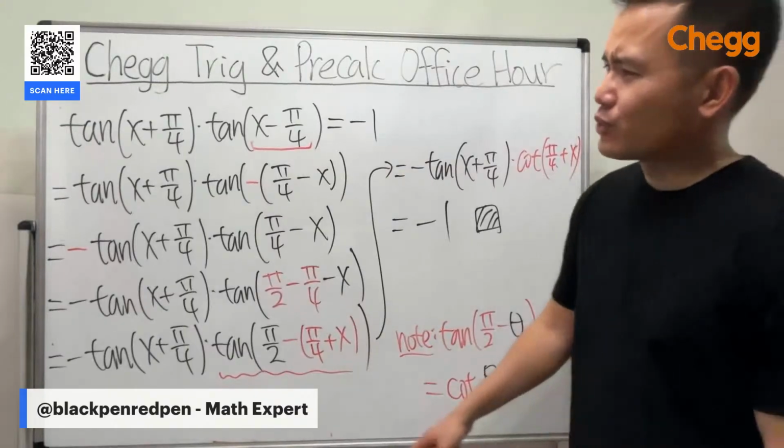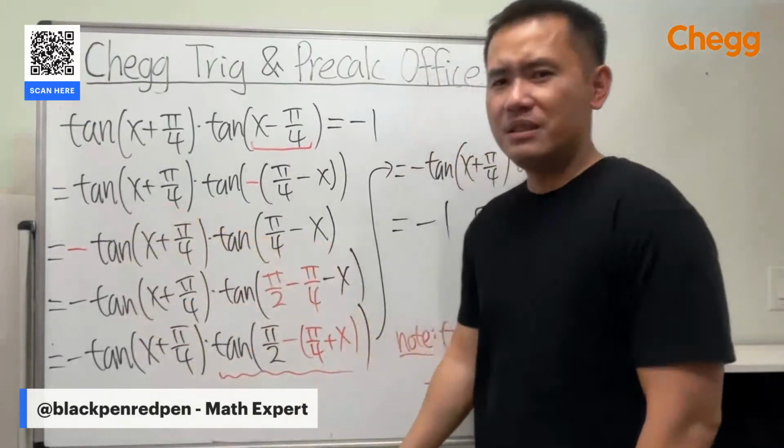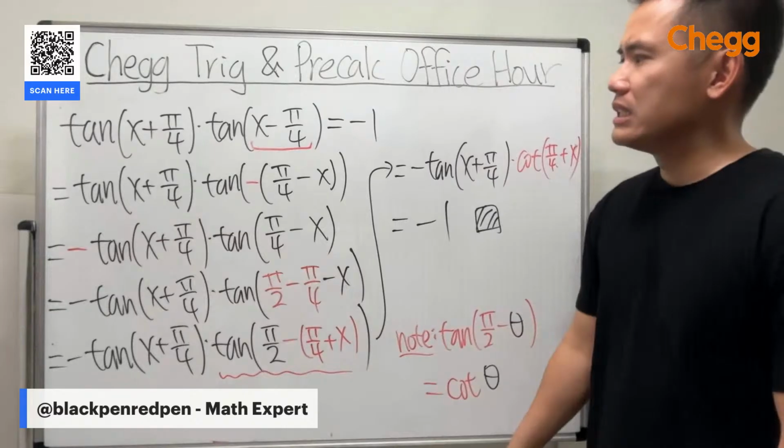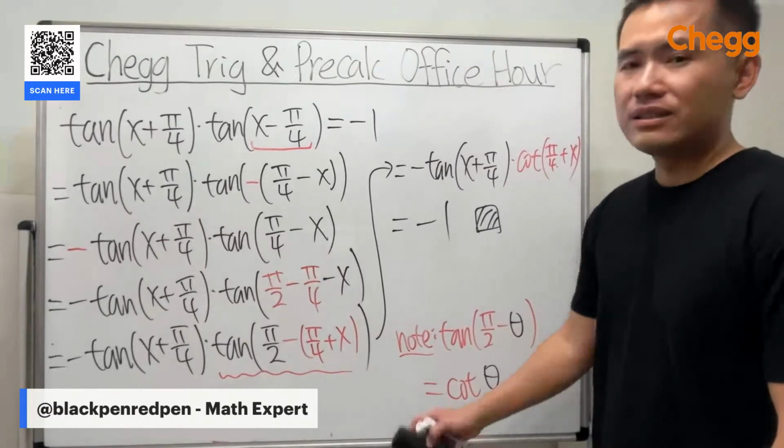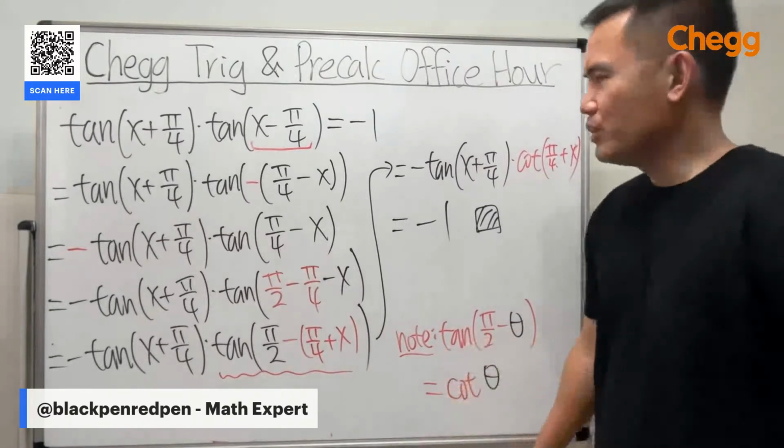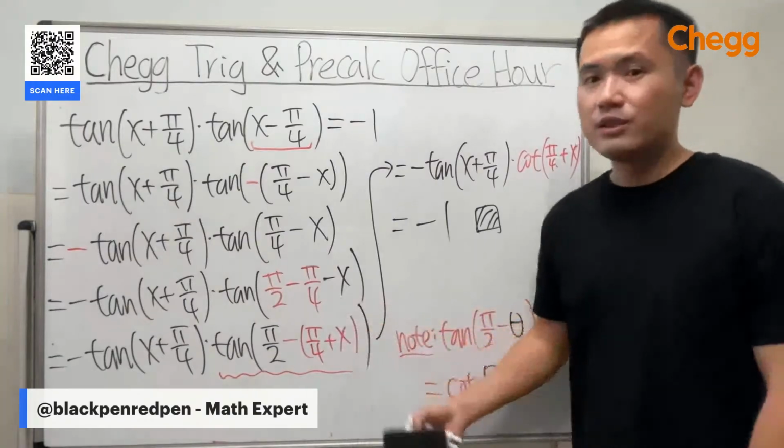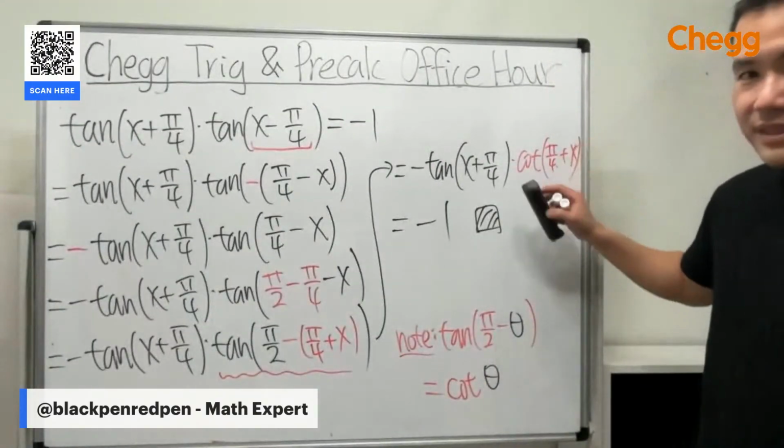Some of you guys might even want to try the angle sum identity, but you didn't have to do that. I think this right here, and maybe you could skip some steps here and there, can make everything clear for you guys. So that's it.